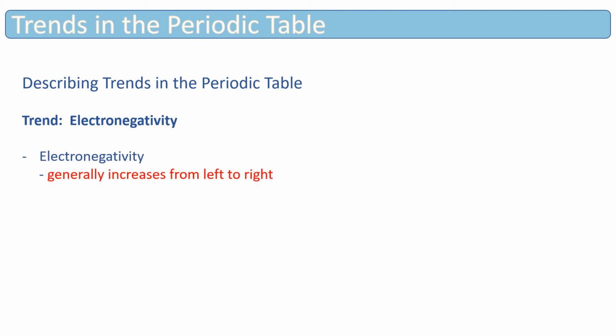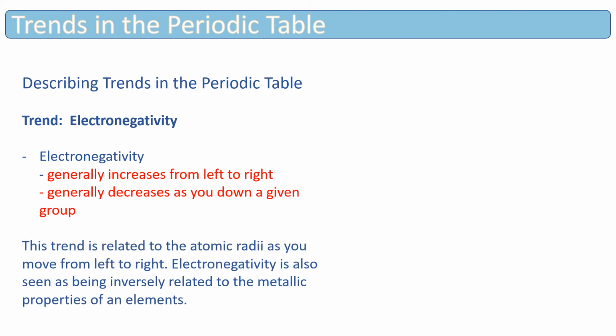It generally increases from left to right, and it generally decreases as you go down a group. This trend is related to the atomic radii as you move from left to right. Electronegativity is also seen as being inversely related to the metallic properties of an element.